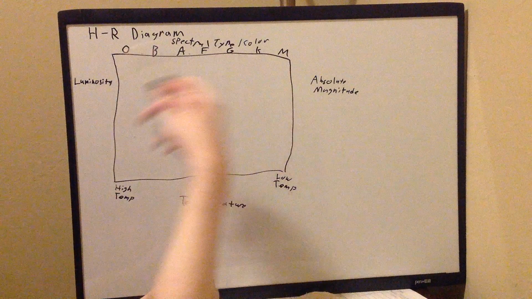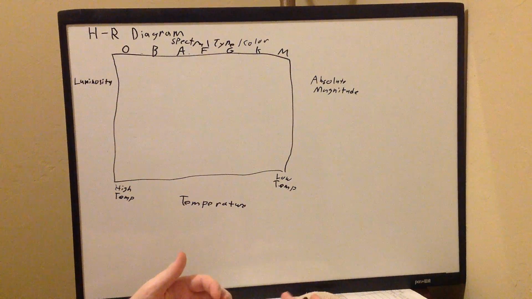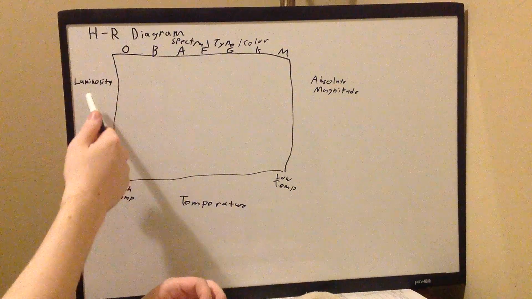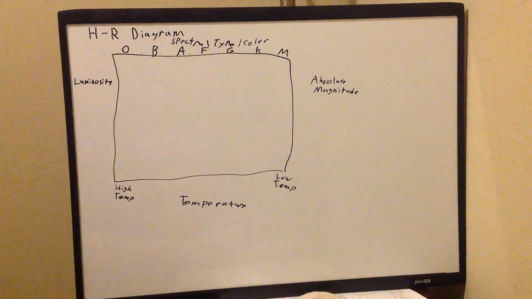So, again, luminosity and absolute magnitude, they're different units, but fundamentally they mean the same thing. So you can have the HR diagram have a y-axis of either luminosity or absolute magnitude.